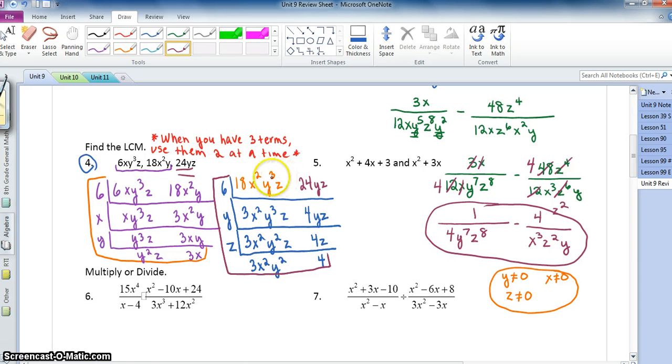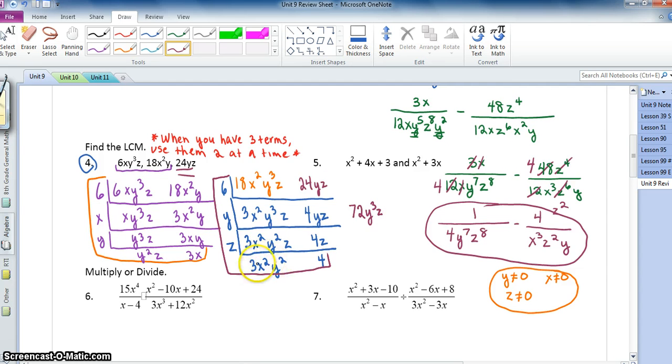I'm going to multiply all those values together. I'll take the 6 times the 3, which is 18, and then an 18 times the 4 is going to give me 72. Take the y times the y squared, which gives me y to the third. And the z has nothing to combine with it, so it's going to stay z.